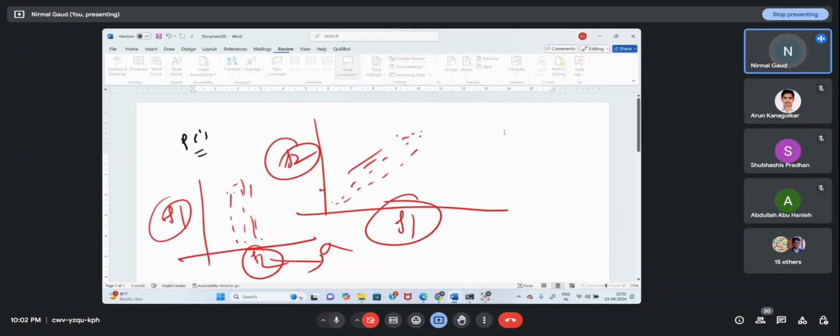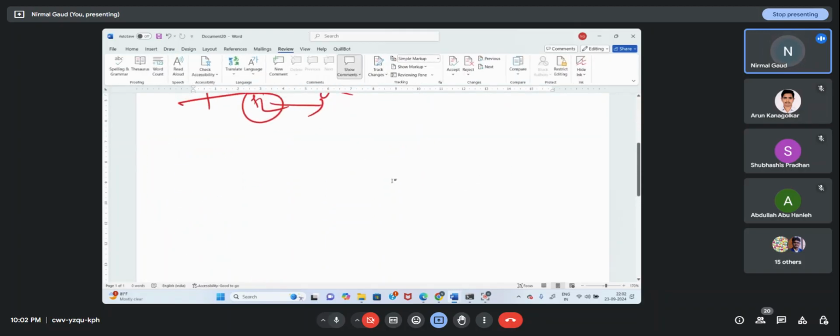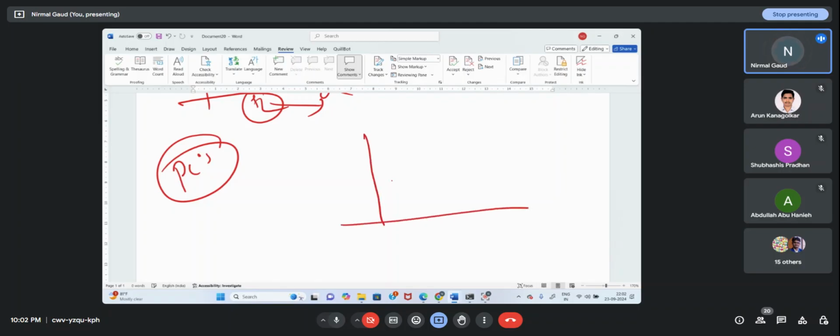So it's better to align f1 and f2 on principal components, PCs. If this is your axis, you create principal components. Let us suppose this is PC1, this is PC2. A feature which shows maximum information will be covered on the principal component, and the feature which has less information, we get the flexibility to drop it.